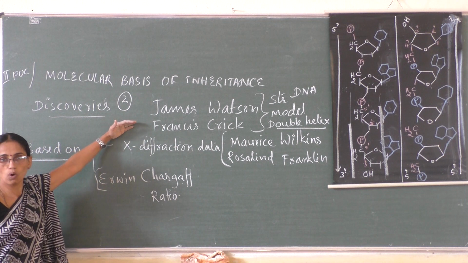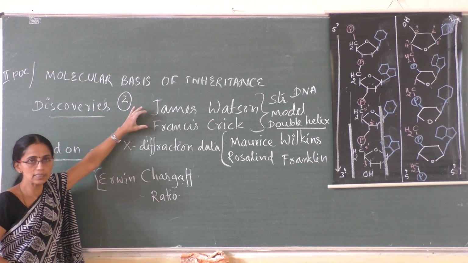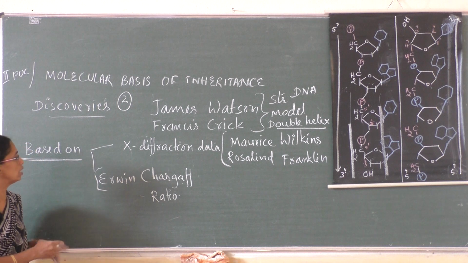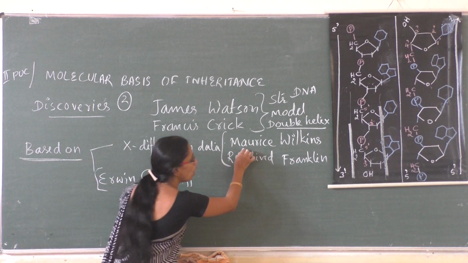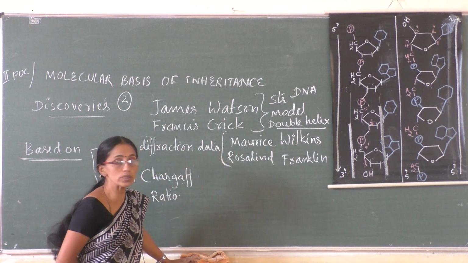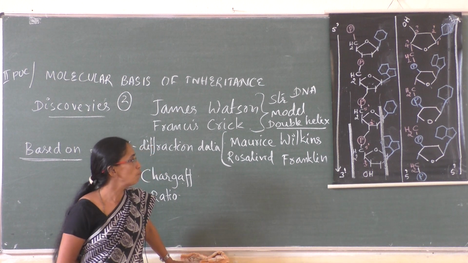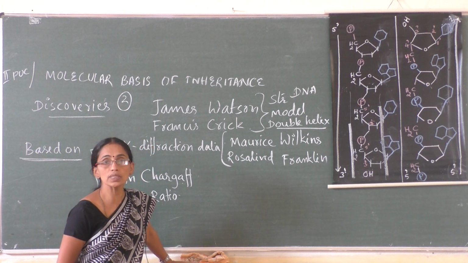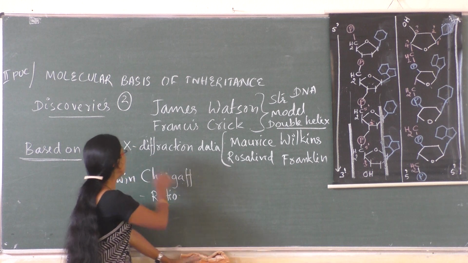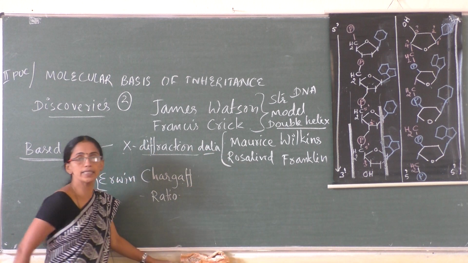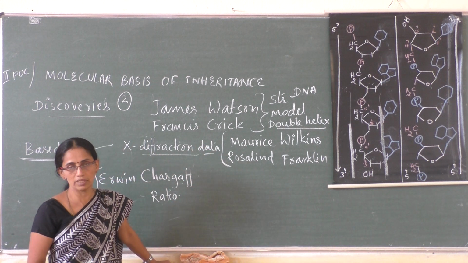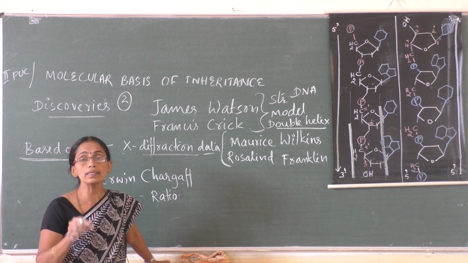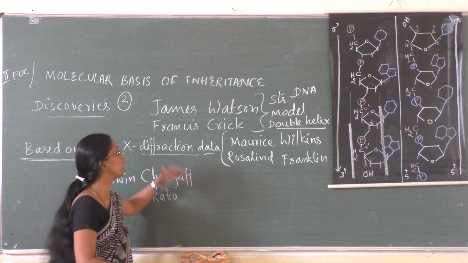Their work was based on the first group of scientists, Maurice Wilkins and Rosalind Franklin. Maurice Wilkins and Rosalind Franklin gave X-ray diffraction data, X-ray photography we say, of DNA.